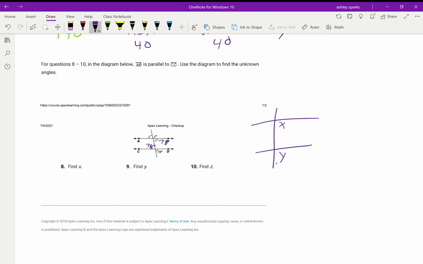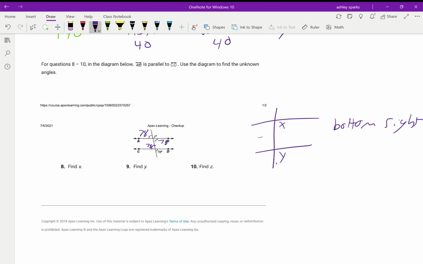So corresponding angles are angles that are in the same place. Okay, both of these I would describe as bottom right if I were to break this into two separate lines. So they're in that same placement. And then vertical to X, or alternate exterior angle to D here, would be that 78.